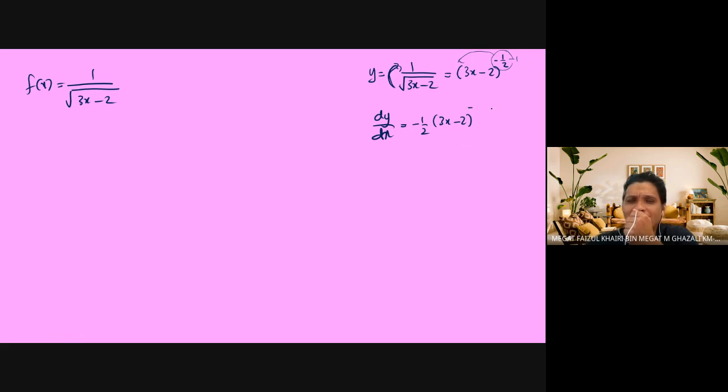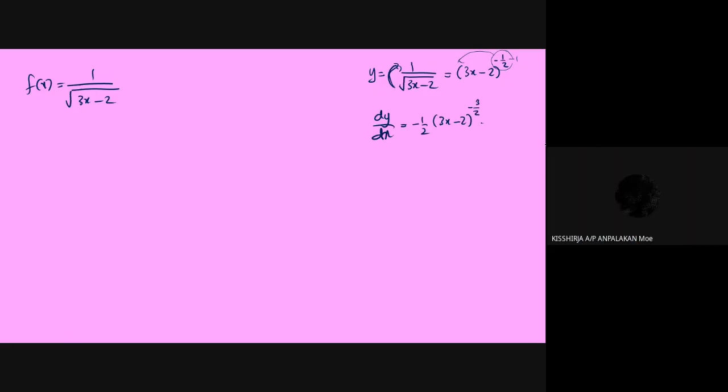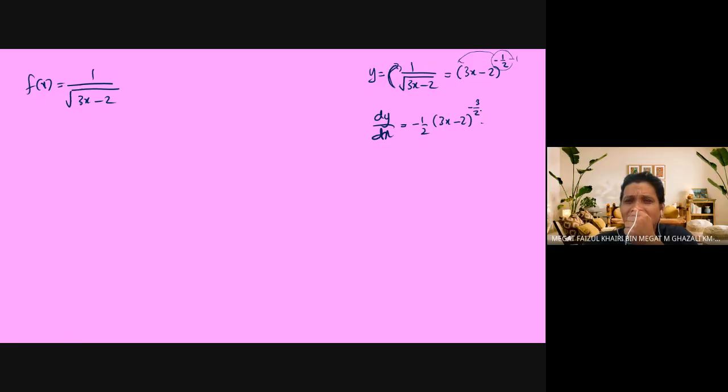Negative 1 over 2 minus 1 is negative 3 over 2. Okay, and then times 3. Good. Differentiate 3x minus 2.